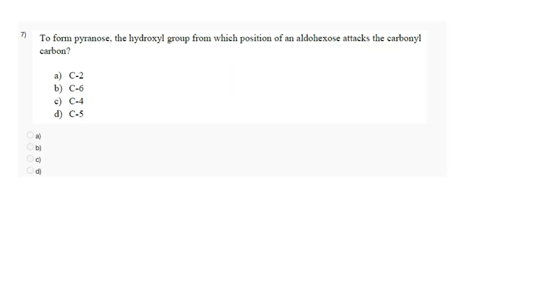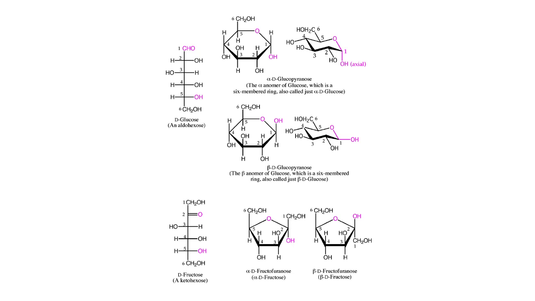To form a pyranose, the hydroxyl group from which position of aldohexose attacks the carbonyl carbon: C2, C6, C4, or C5? This is the structure of glucose.